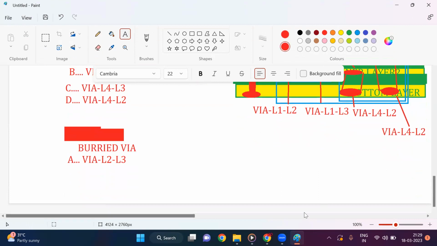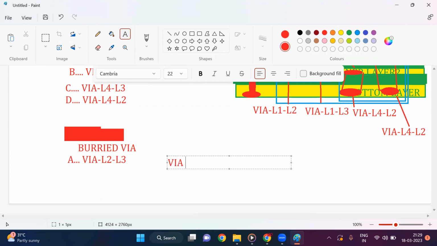Now come to the via structure. I told you via is nothing but a through hole pad stack. So how will the through hole pad stack be?